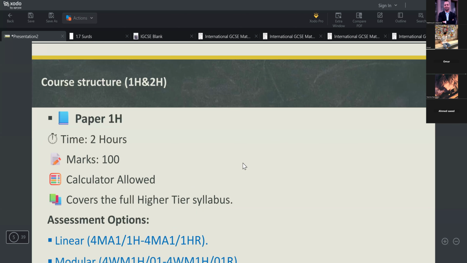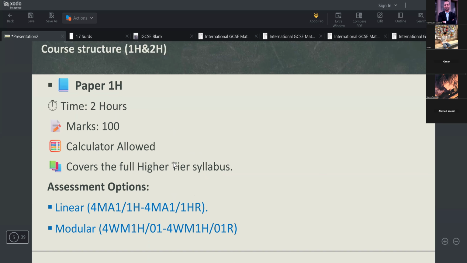Okay, let's start with the course structure. We have two papers in IGCSE Mathematics or O-Level Edexcel Mathematics. Paper 1: exam time is 2 hours, marks 100, calculator allowed.